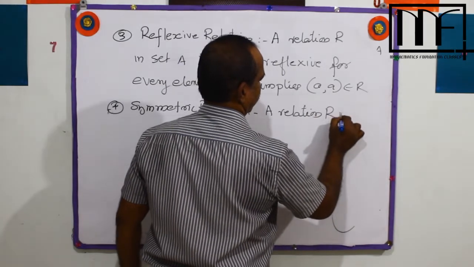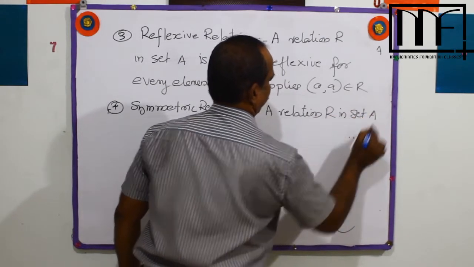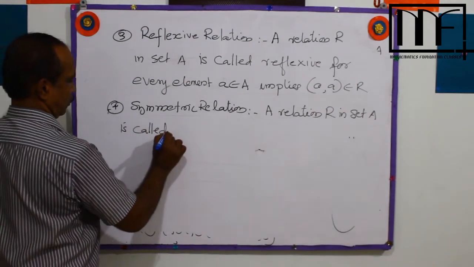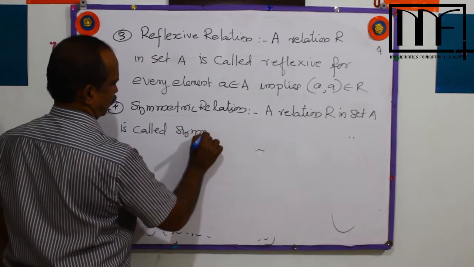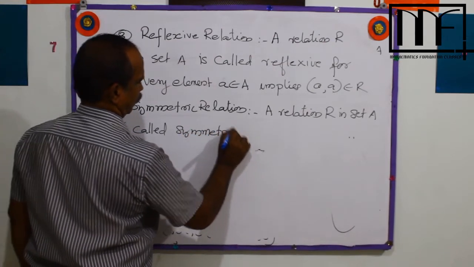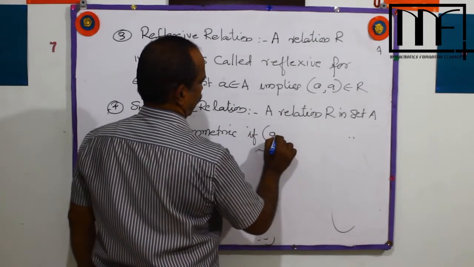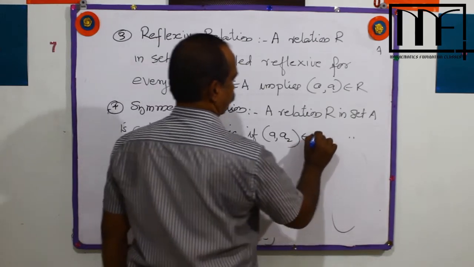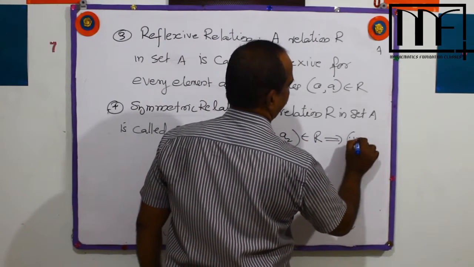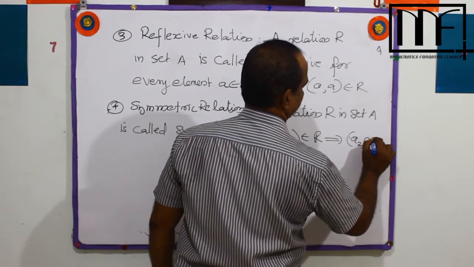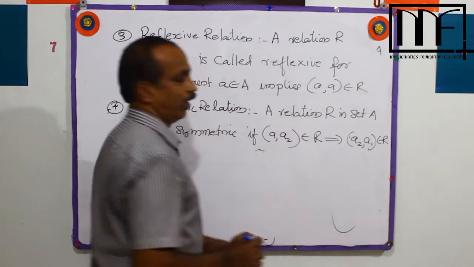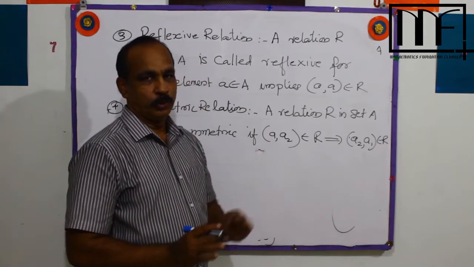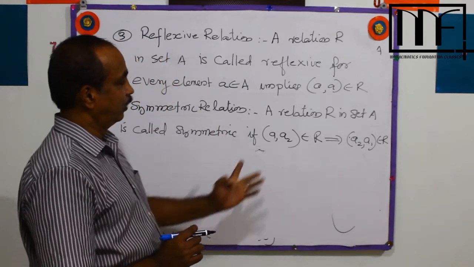A relation R in set A is called symmetric if (a1, a2) belongs to R implies (a2, a1) belongs to R. So if the pair (a1, a2) is there, the same pair reversed, (a2, a1), must be there.